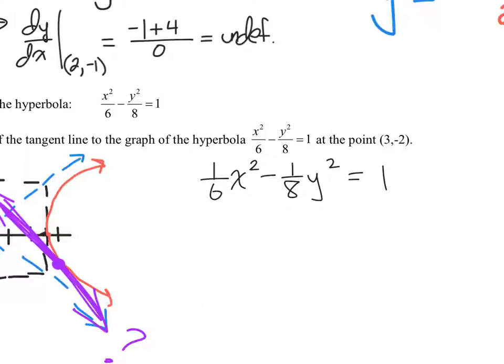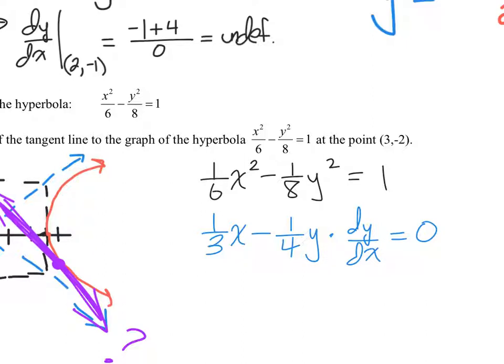The derivative of the x term we do the way we normally would, which would be 1/3 x. For the y term, it becomes 1/4 y times dy/dx, equals the derivative of a constant, which goes to 0.